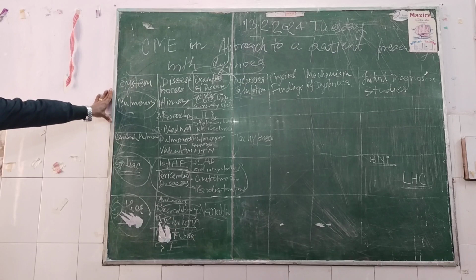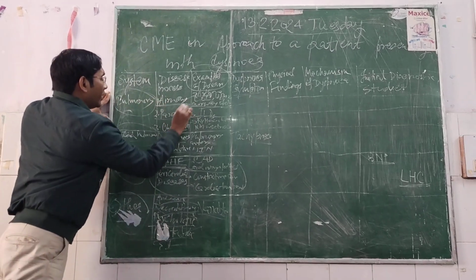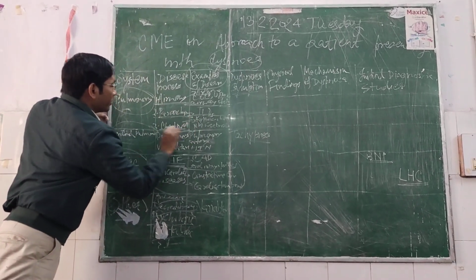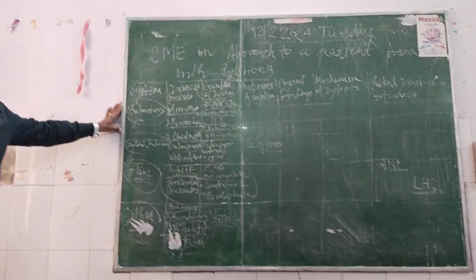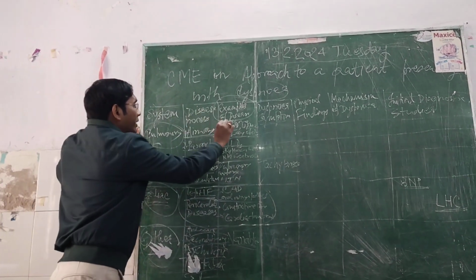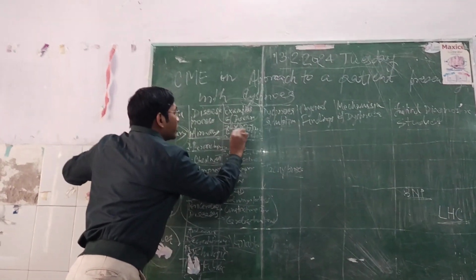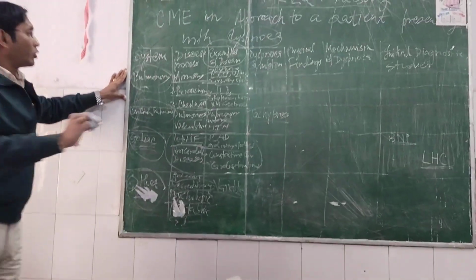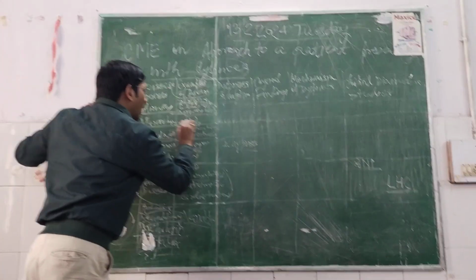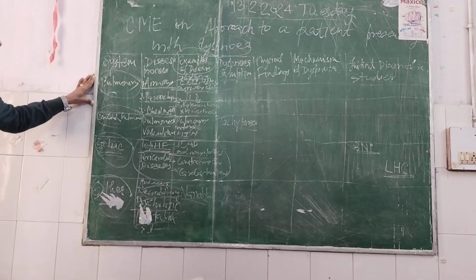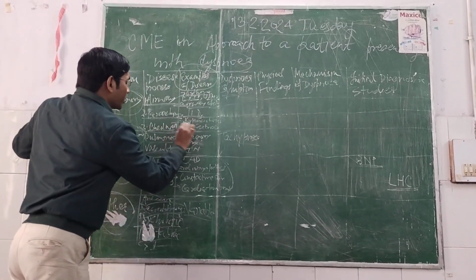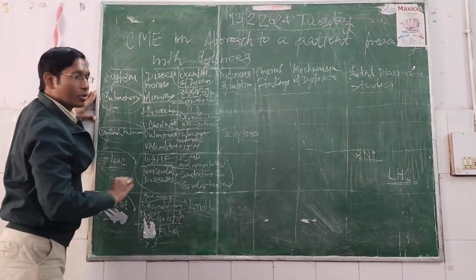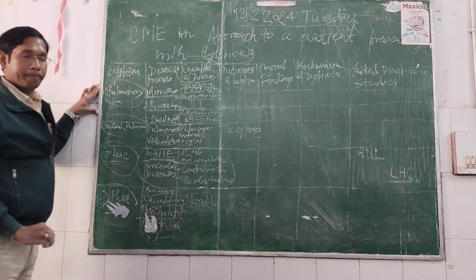In pulmonary there can be airway disease, parenchymal disease, and chest wall disease. Examples of airway disease: asthma, COPD, upper airway obstruction. In case of parenchymal disease, the example will be ILDs. In case of chest wall disease, you can remember kyphoscoliosis and neuromuscular weakness.